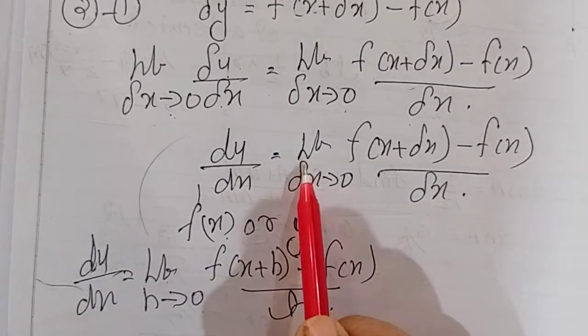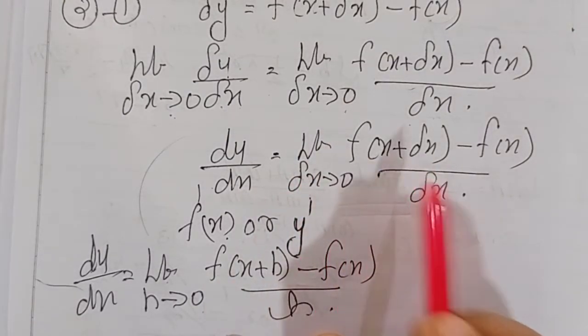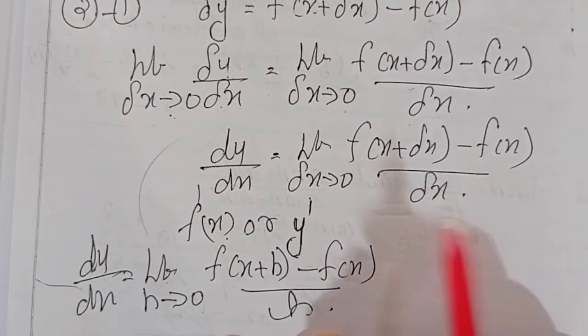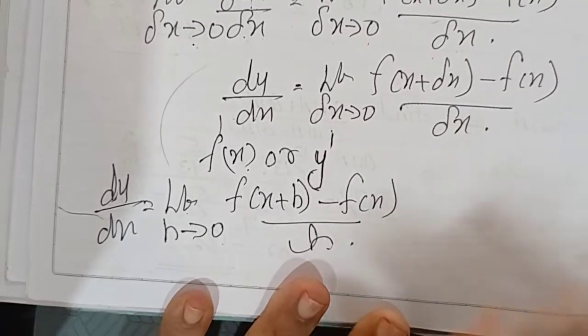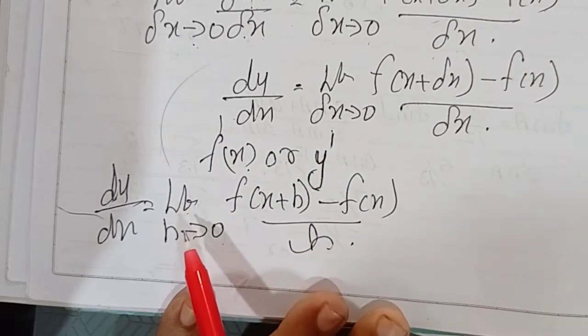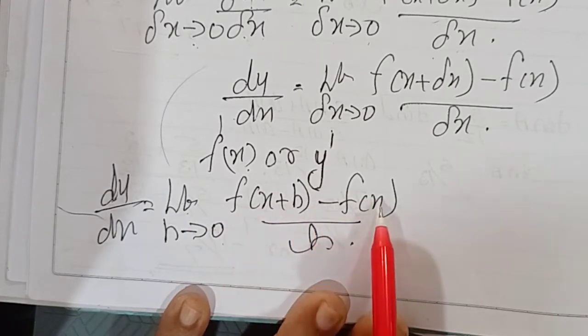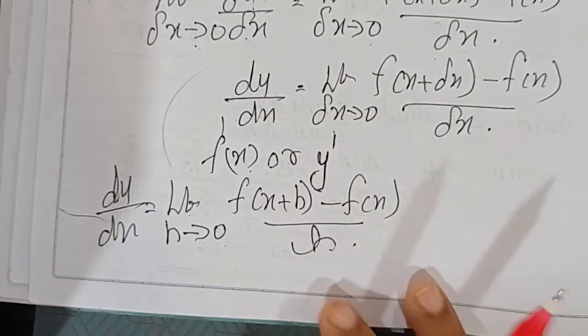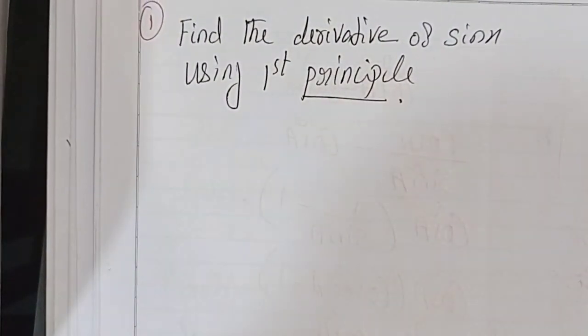That is, limit delta x tends to 0, f of x plus delta x minus f of x by delta x. Here, in the place of delta x, you can substitute h. Limit h tends to 0, f of x plus h minus f of x by h. Right, the first question, find the derivative of sin x using first principle.